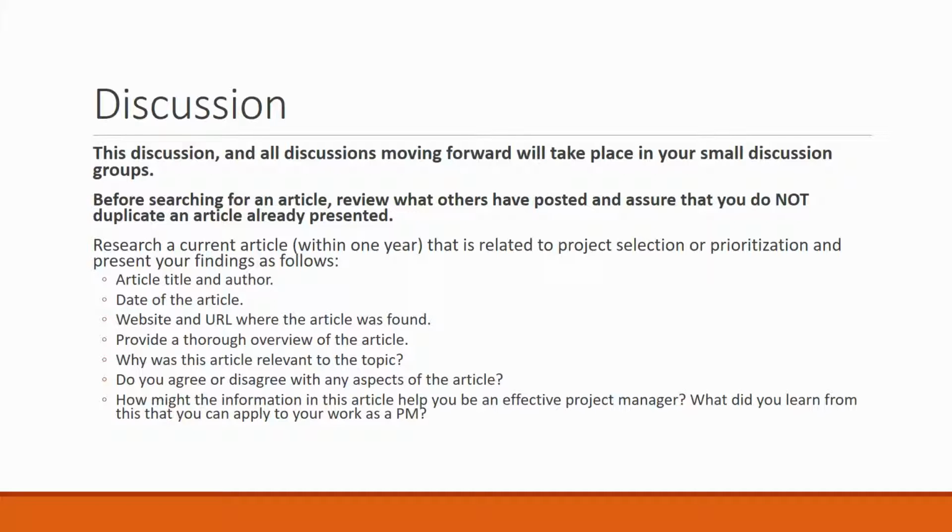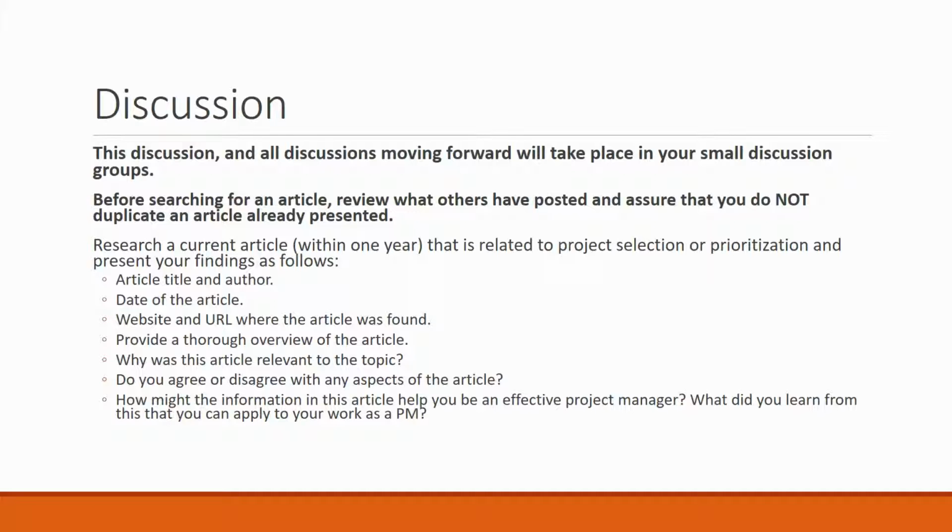So all of the work that we did last week was to get familiar with resources that are out there so that you're able to participate in the discussion questions moving forward. So what you're going to do is research a current article, and I prefer something within the last year.